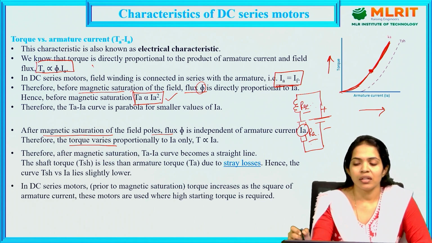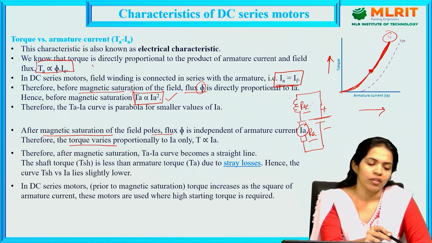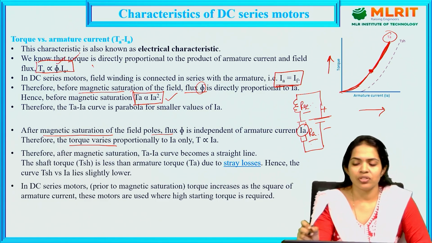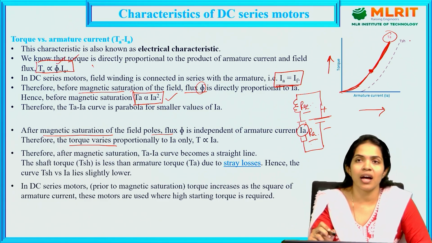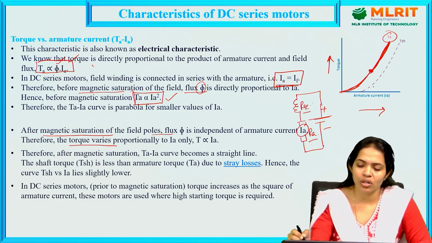We know that armature torque is dependent on the flux phi and Ia, and shaft torque is less than the armature torque. This shaft torque is less than the armature torque due to the stray losses.